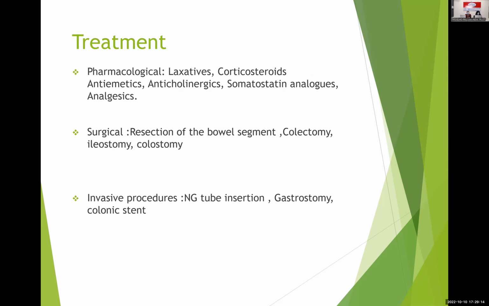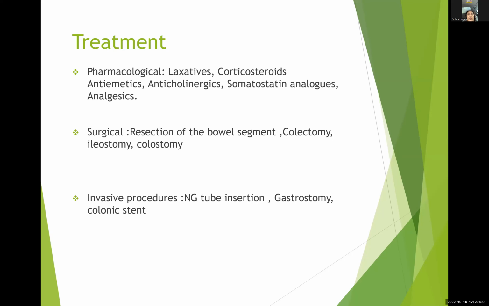Now coming to the treatment options, we have pharmacological, we have laxatives. What type of laxatives do you prefer here? Since we have completed the class on laxatives, anyone? Is it bulk forming, stool softener, stimulant laxatives?